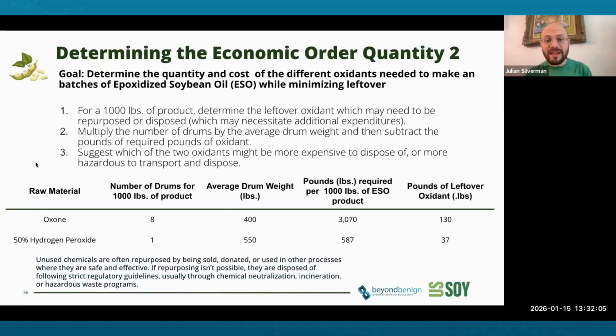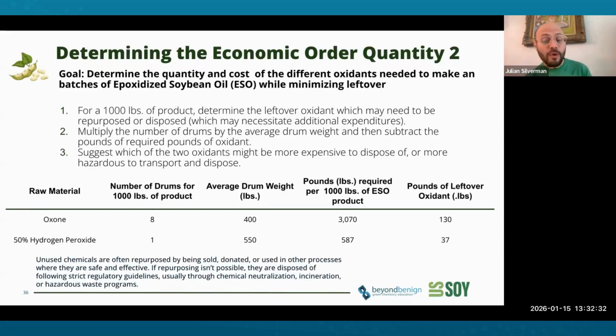We can then also begin to think about what happens when it's sitting in your storerooms, right? These are oxidants, these are hazardous chemicals. In this case, if you used all of the chemical you need for the reaction, you're also going to have leftover oxidants that need to be stored, probably need to be tested or monitored, or perhaps even disposed of. Unlike in lab, where you might just, I don't know, hopefully not just wash a little bit of excess reagent down the drain.